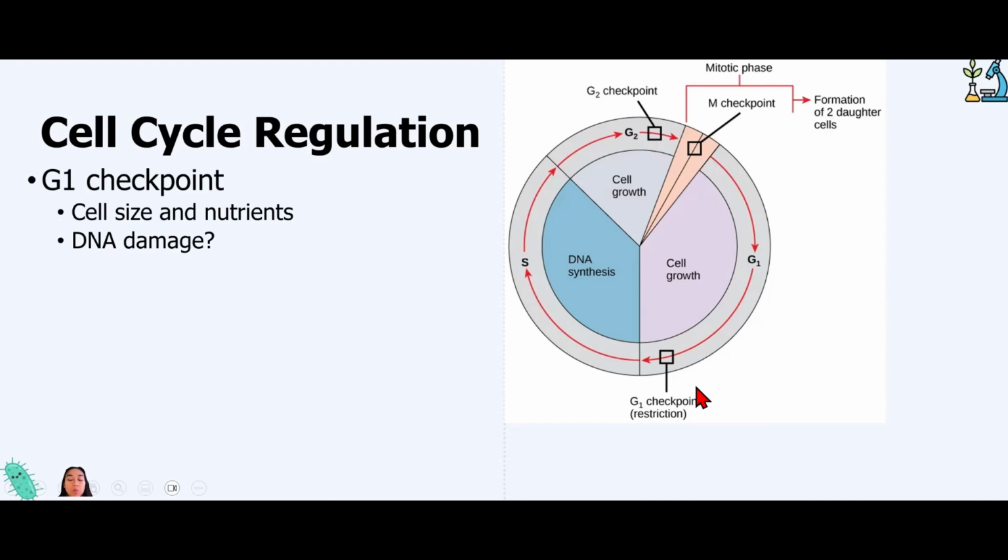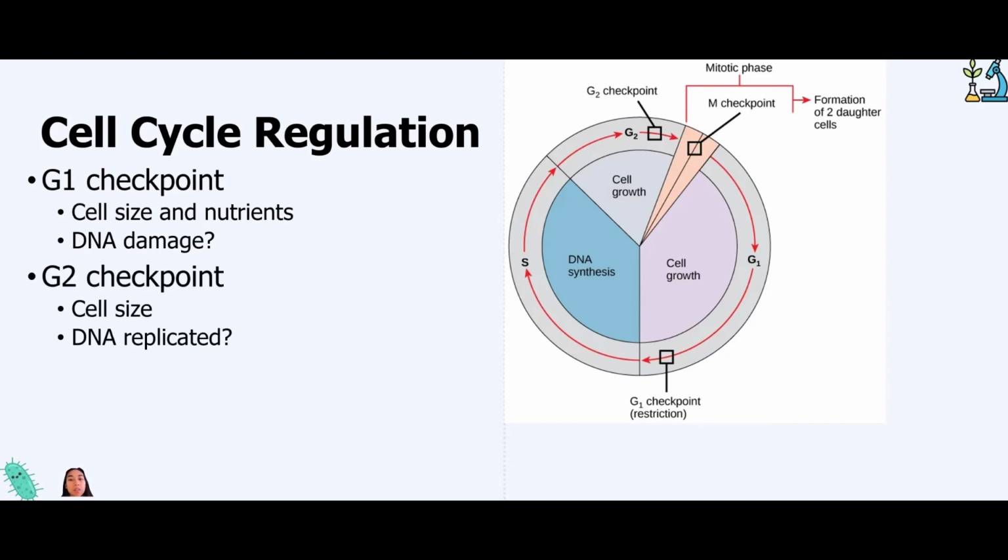This is a really important checkpoint because after this, the cell will go into S phase and replicate its DNA. That's a huge commitment. You're using a lot of energy to replicate your DNA, and you basically can't go back after that. So this is the main checkpoint to make sure, am I really ready to go through this process? Then we go into G2, and towards the end of G2, there is another checkpoint.